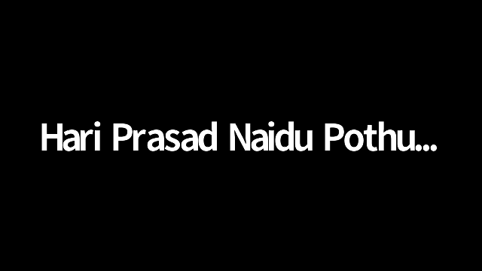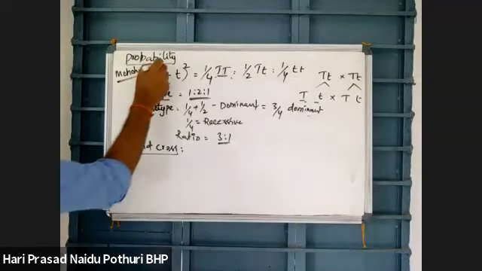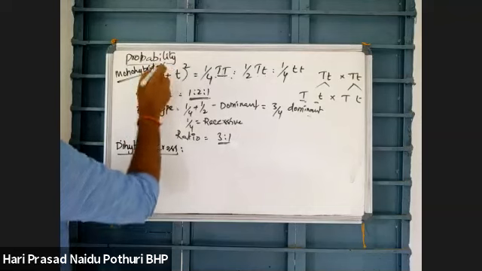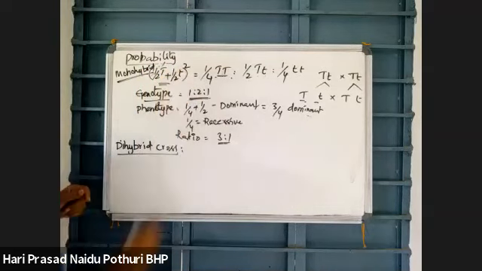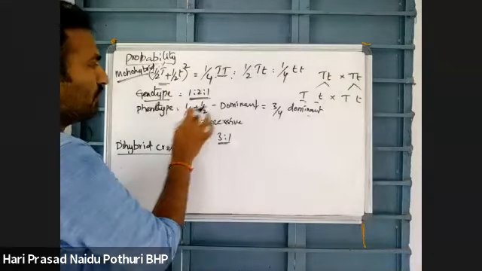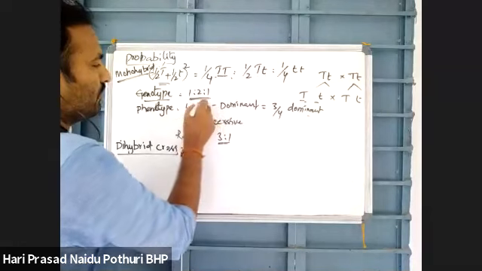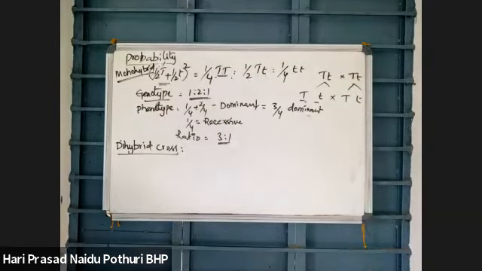Mathematics, sir. 1 by 2 plus 1 by 2 power 2, not. Oh, yes. 1 by 2 capital T, 1 by 2 small t. Here 1 by 4 plus 1 by 2 means 1 by 4 plus 2 by 4. 1 by 4 plus 2 by 4.